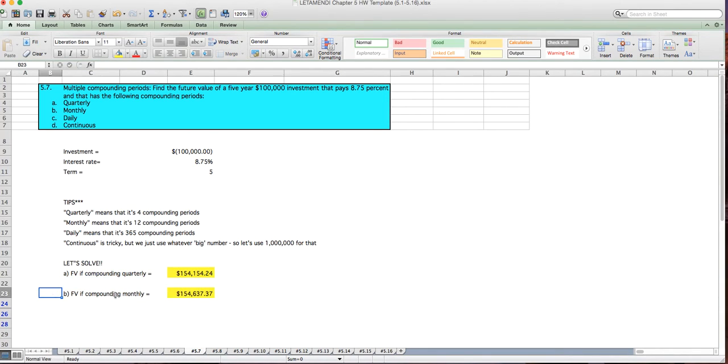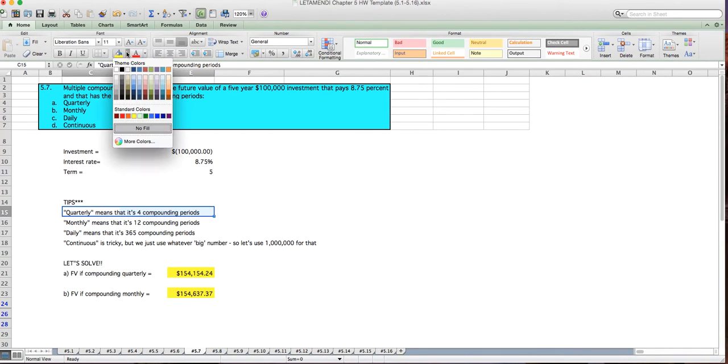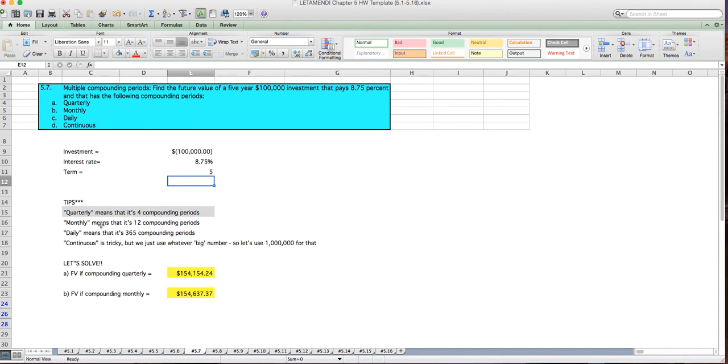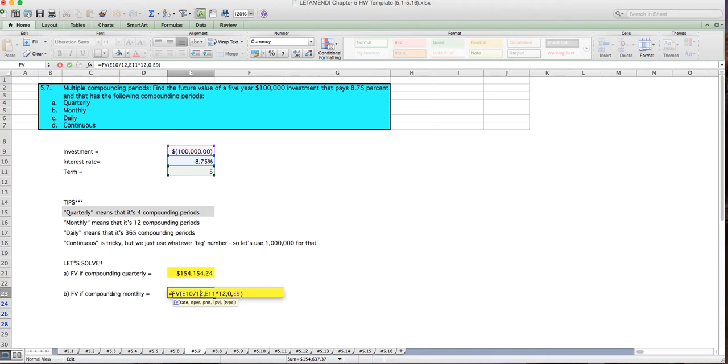Okay? Now let's solve for B. If we're compounding monthly, remember monthly is 12. Okay, so this one is done. We don't have to look at it anymore. Monthly means that it's compounding 12 periods. So let's do it for that. We do equals future value FV, open parentheses. So then for rate, we're going to do the interest rate divided by 12. Just type out 12. Why 12? Because it's compounding 12 times in a year, monthly, comma.